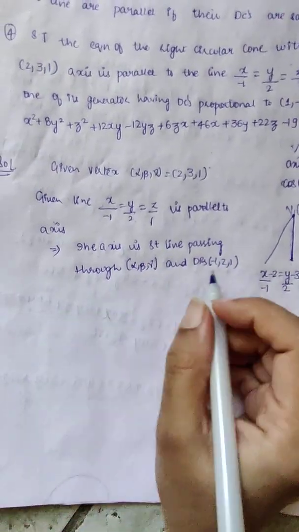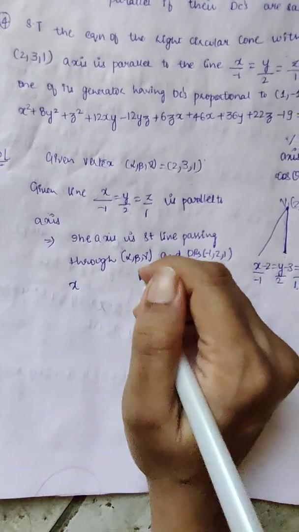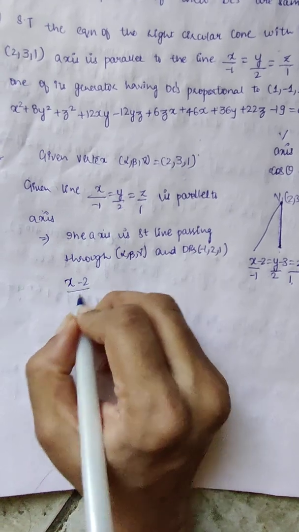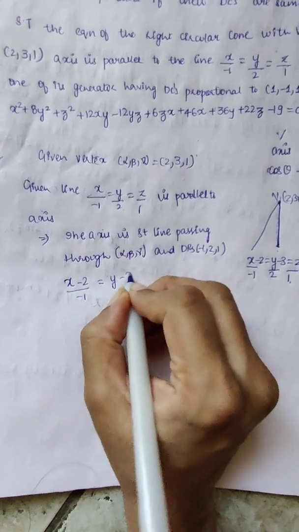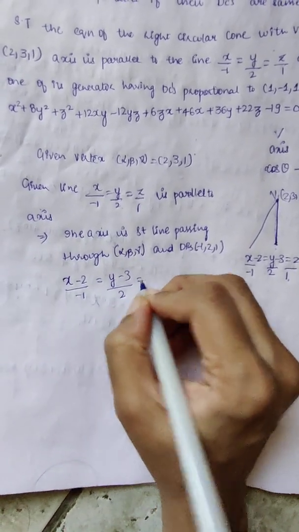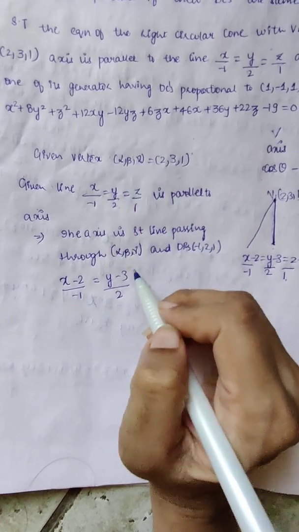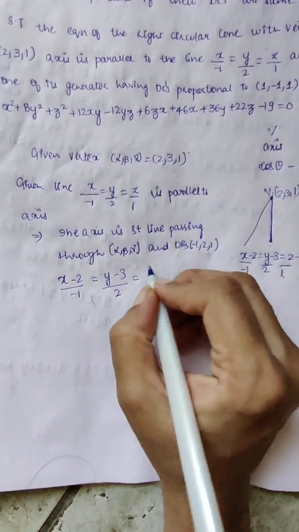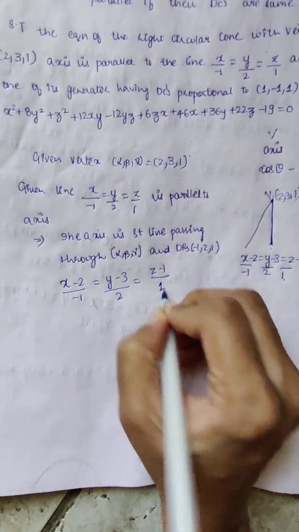So I'm going to construct the straight line. Alpha is 2, so (x minus 2) by -1, (y minus 3) by 2 equals (z minus 1) by 1. So I got my axis.